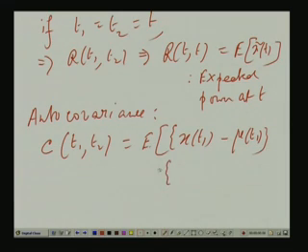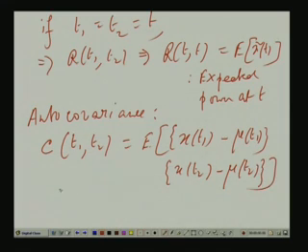Again I am doing this for the real valued case; in the complex case we will generalize and bring in some conjugation. If we expand it, as we have done earlier with just x and y, it is very easy to see this becomes R T1 T2 minus the product of the two means.